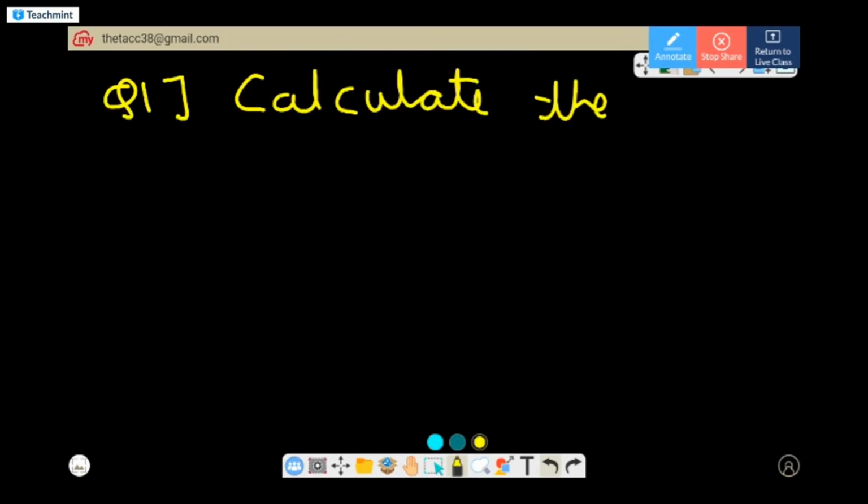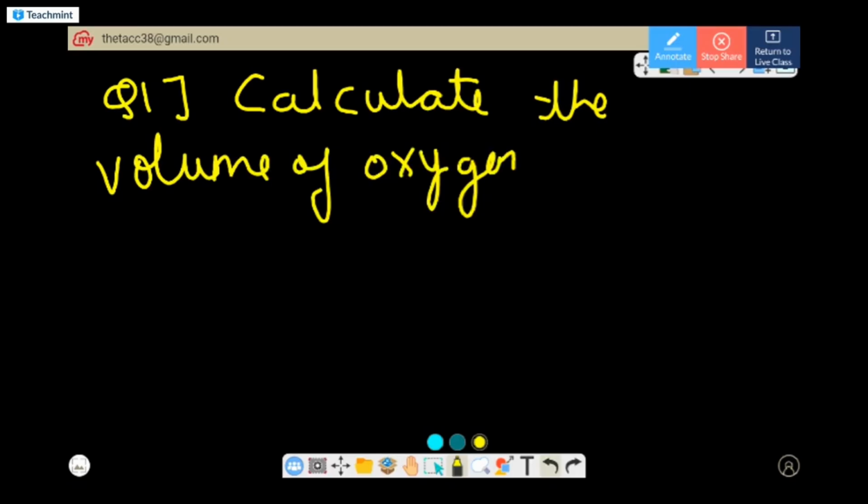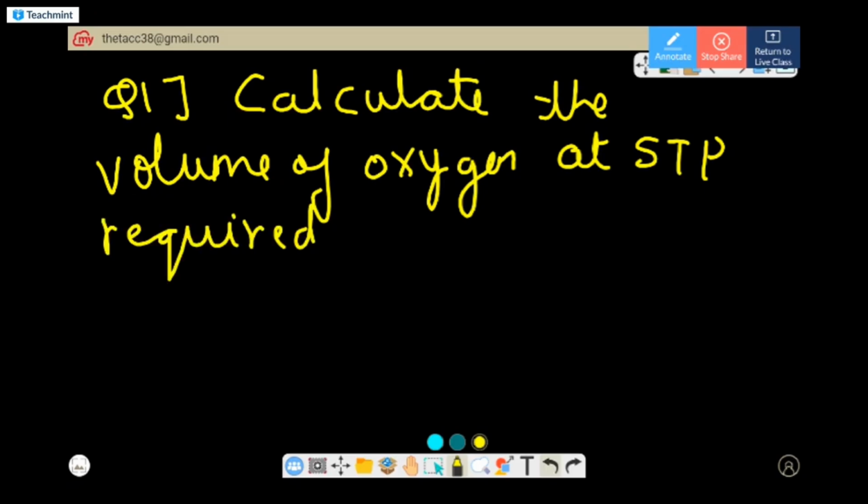The volume of oxygen at STP. What is STP? Standard temperature and pressure. So it's just extra information. You don't have to work on that unless you come to some other conditions required for complete combustion.